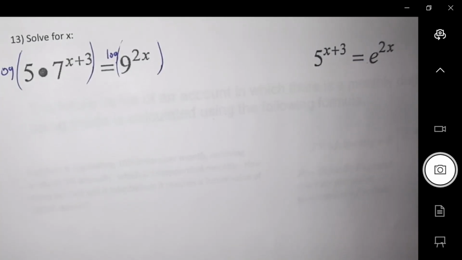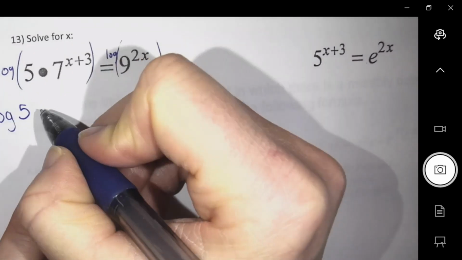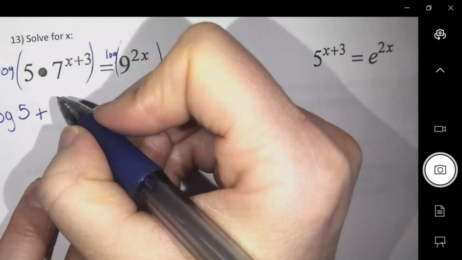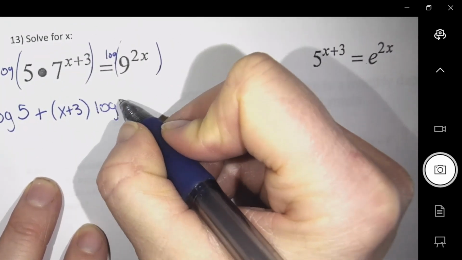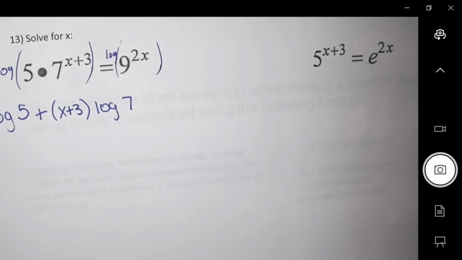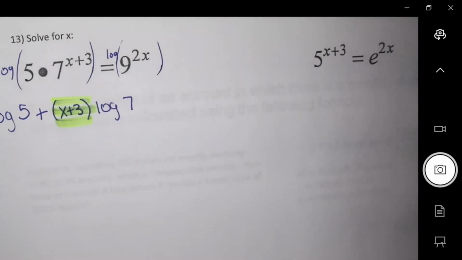Use the rules. So the rules go log 5 plus x plus 3 log 7. Did you notice my brackets? That's important there. That's another common mistake.